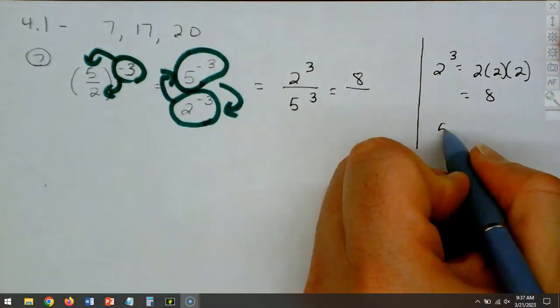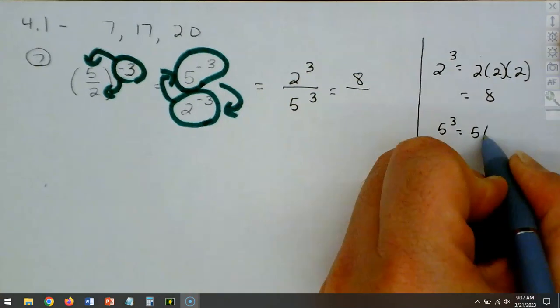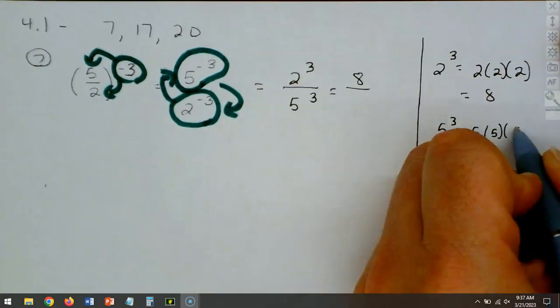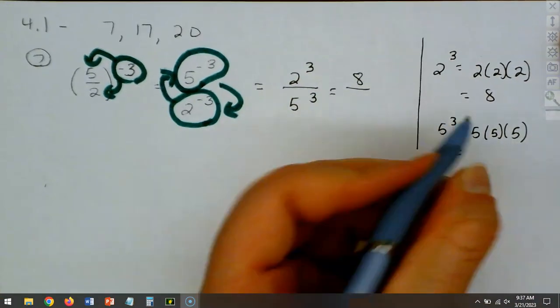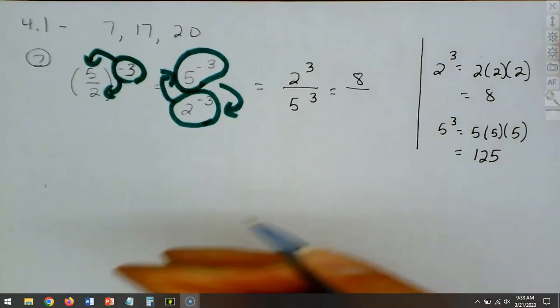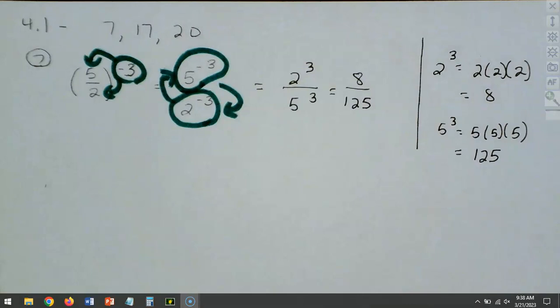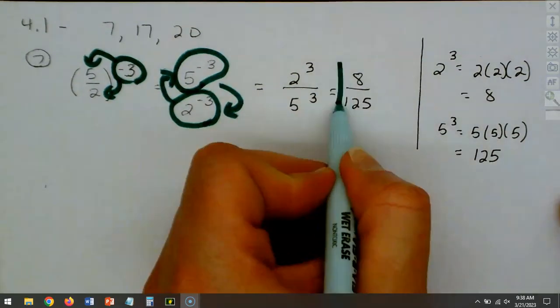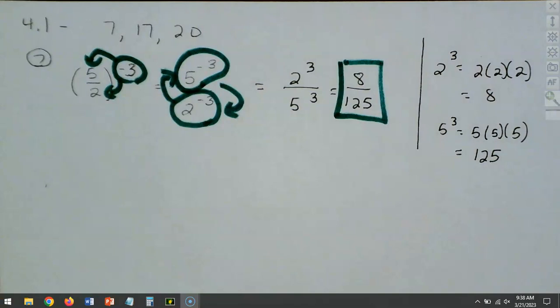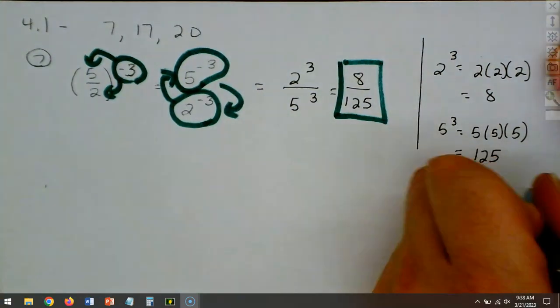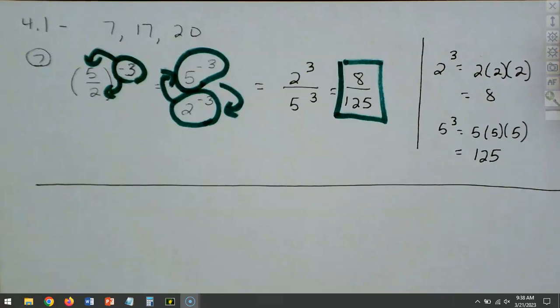And 5 to the third power is 5 times 5 times 5, which is then 125. Okay, so that's what we've got there. That's going to be your answer. And so your answer is going to simply then be 8 over 125. And that's all you need to do. And that's as far as you can then break it down.